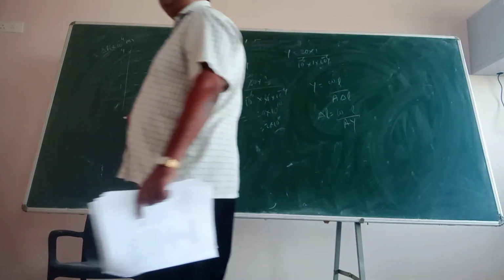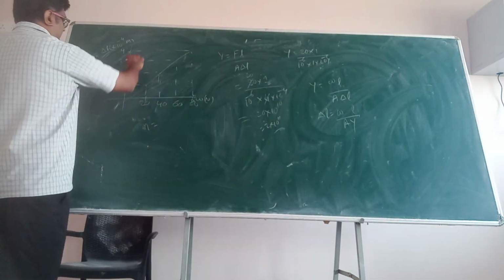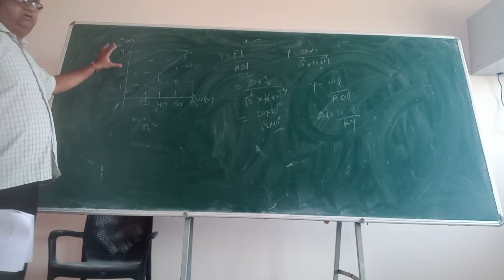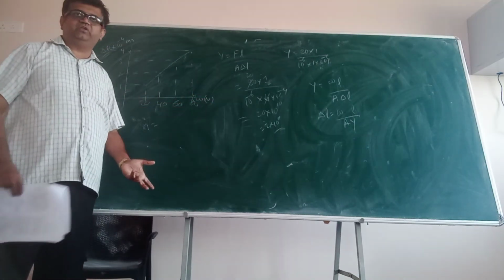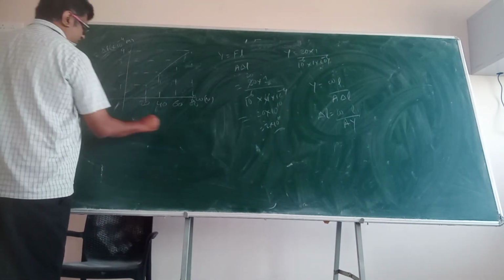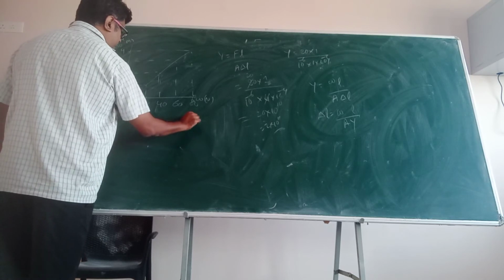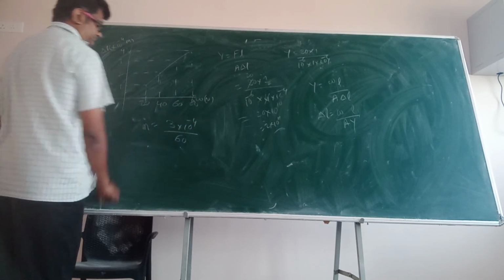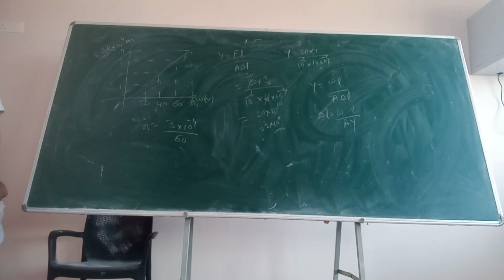You should know how to find out the slope. Slope means delta y by delta x. Delta y means not y. What is there in the y and what is there in the x, that you need to see. So delta y is 4 minus 1, 3 into 10 to the power minus 4 divided by 80 minus 20, which is 60. This is what is your slope.